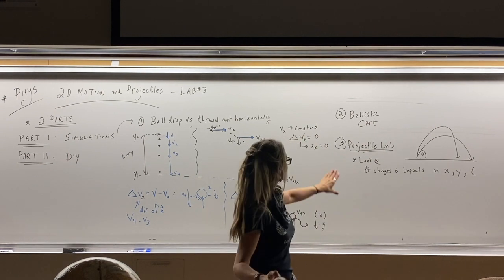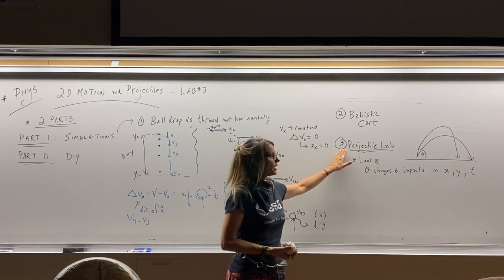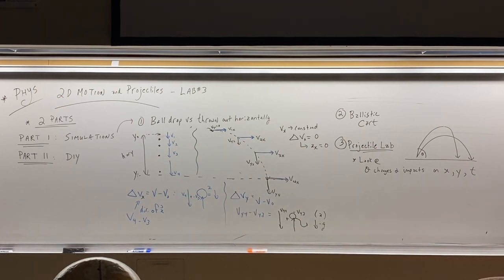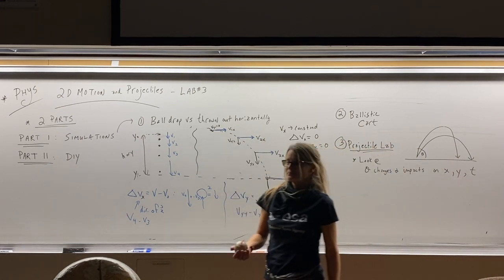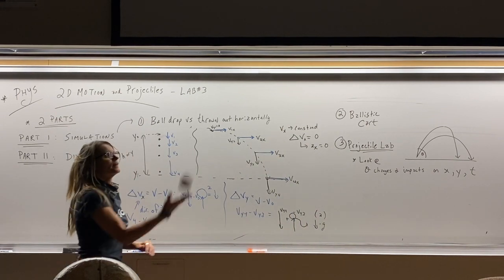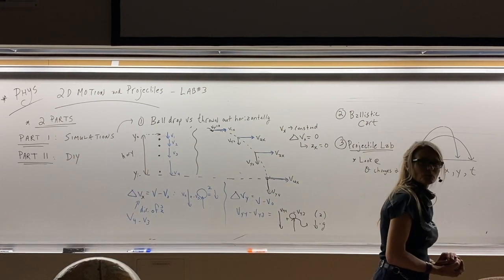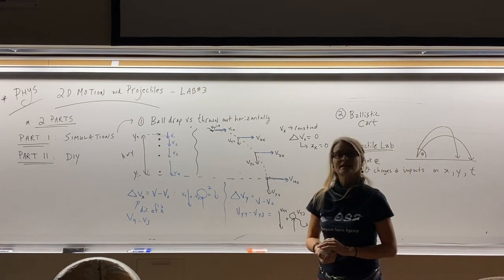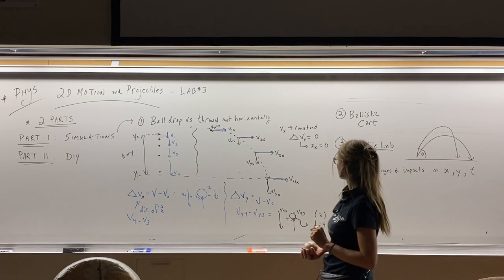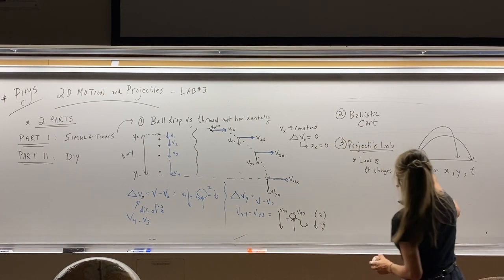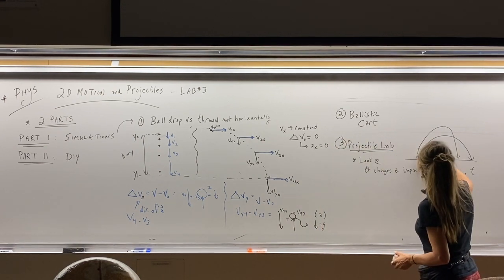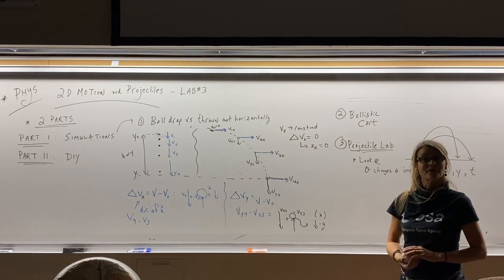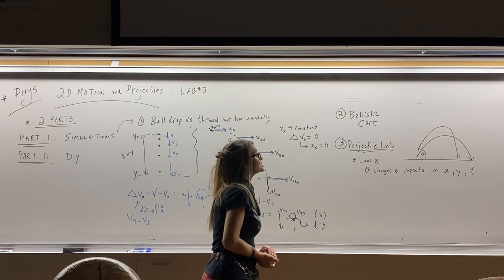So what comes up in this projectile lab is, if I throw a ball up in the air and I catch it, will it reach the same height if I were to do that on a planet like Mars, where the acceleration due to gravity is about 1/3 of Earth? Well, if you're on Mars and you threw the ball up, it would go much higher. It would change some of these values. So you could experiment with these other G values.